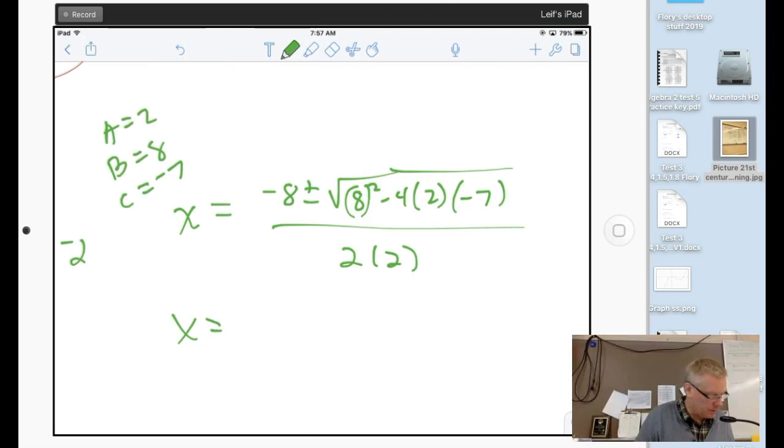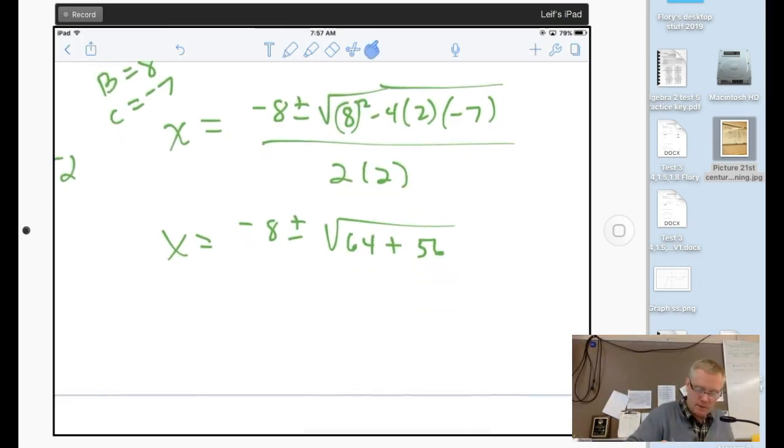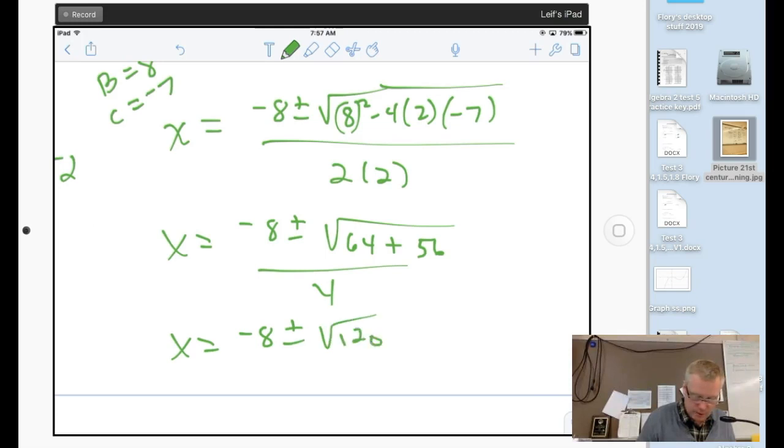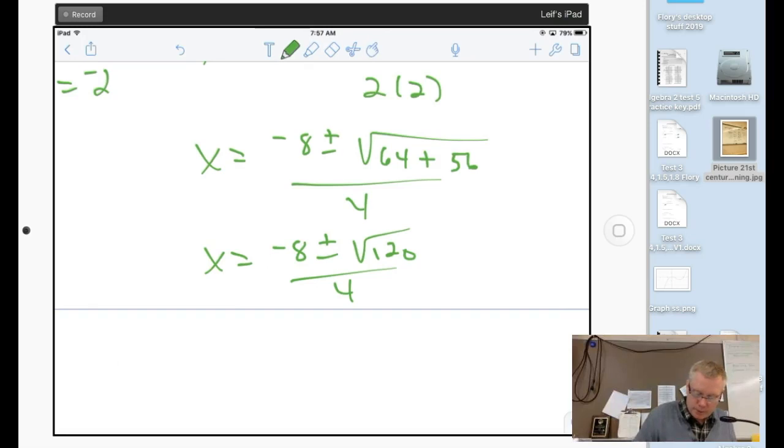All right, start simplifying. I get -8 plus or minus the square root of 64 plus 4 times 2 is 8, 8 times 7 is 56, all over 4. So x equals -8 plus or minus the square root of 120 over 4. And then I can break it up to the plus, the minus.